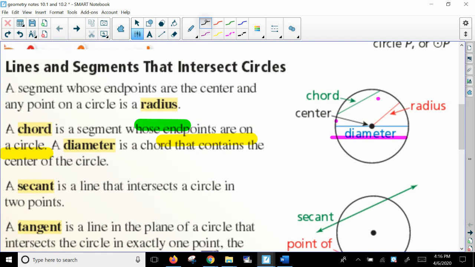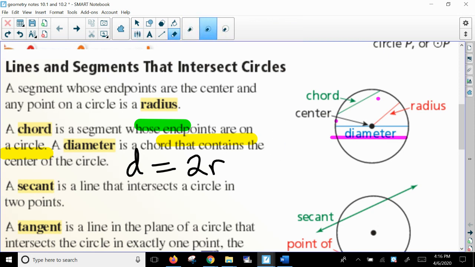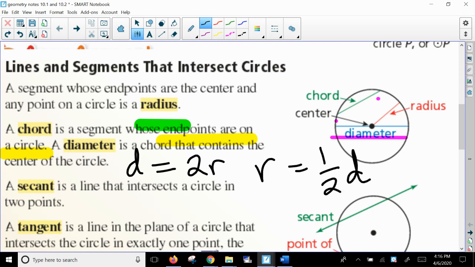Oh snap! I'm gonna put D for diameter. Diameter equals two radiuses. Okay, 2R. So if you know the radius of a circle, all you need to do is double it and that'll give you the diameter. Or vice versa, if you know the diameter, split it in half, that gives you the radius. Sorry, erase that. So radius equals half of the diameter.